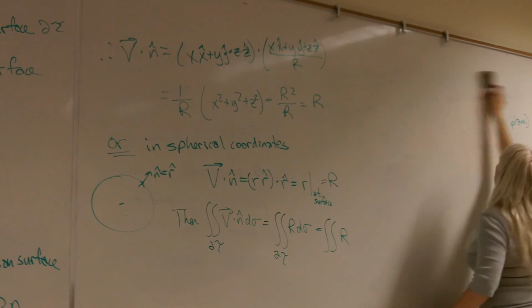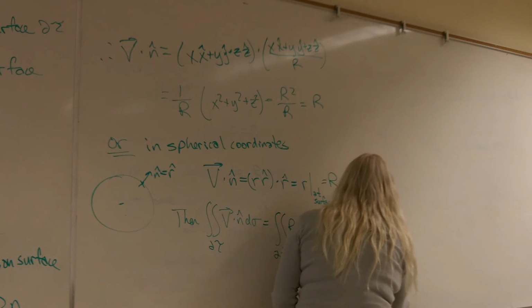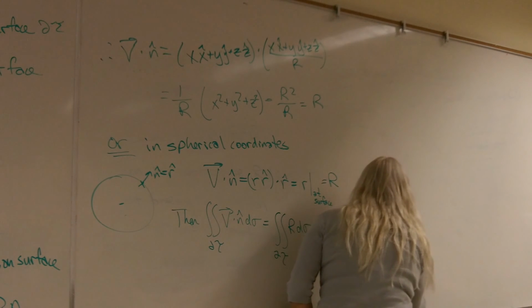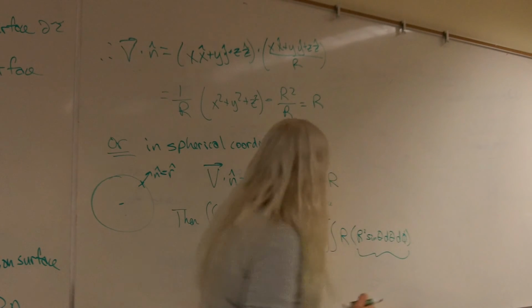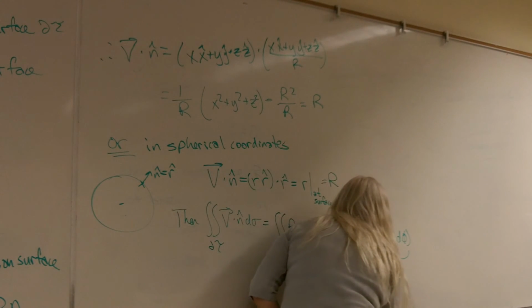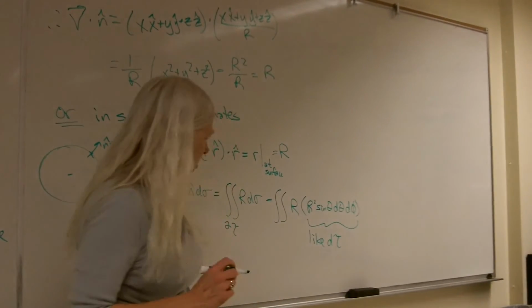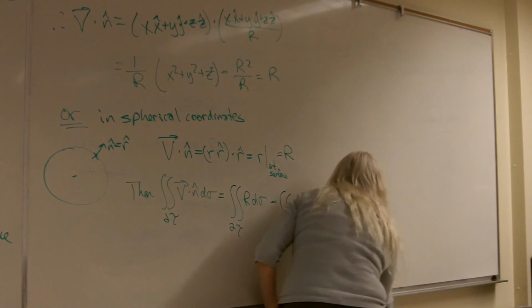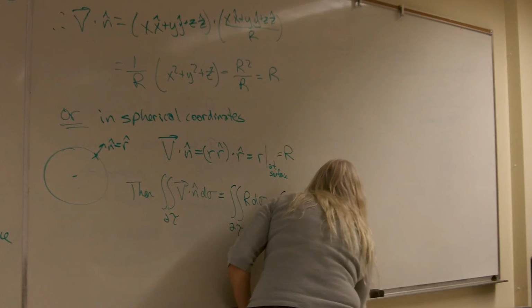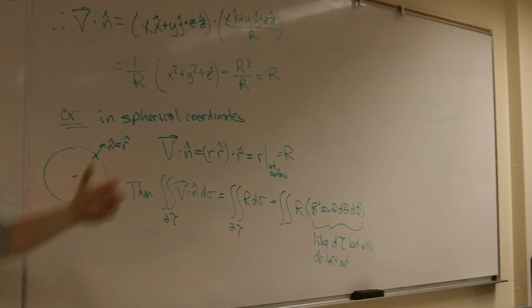And you know the easiest way to write that, this expression here for d sigma, is basically like the expression for d tau or dV, a volume element in spherical coordinates, but with the dr left out. Because dr implies that r is changing, and we would be covering a volume, not just a surface.